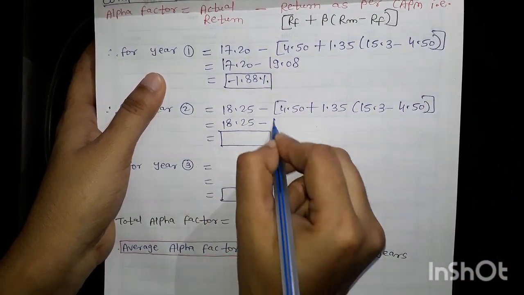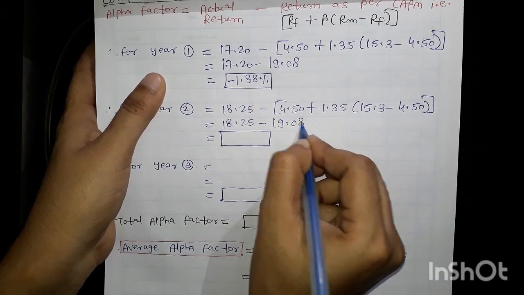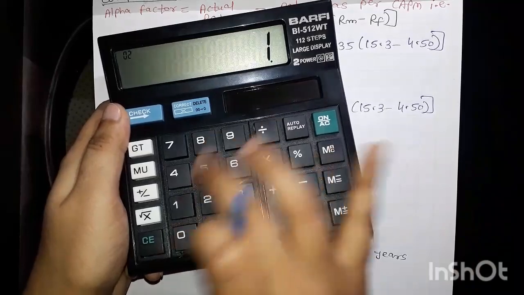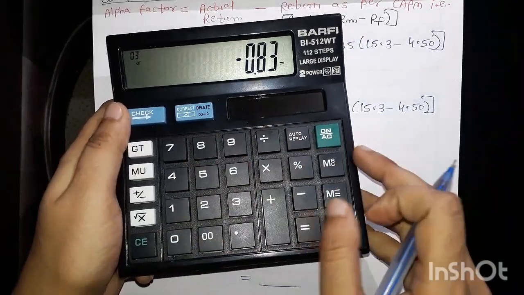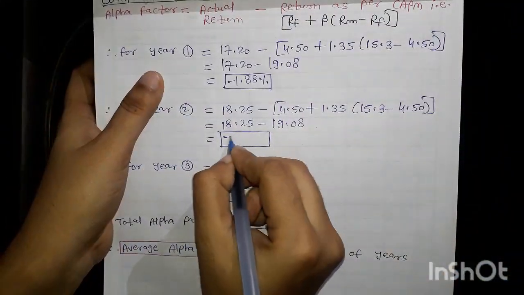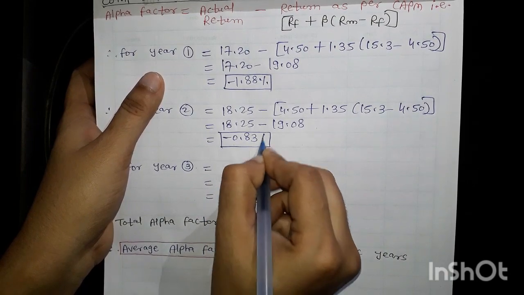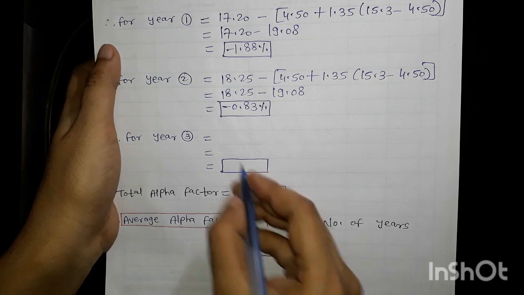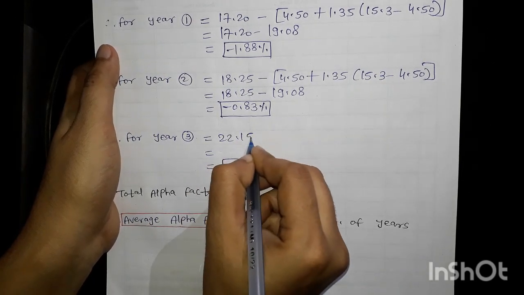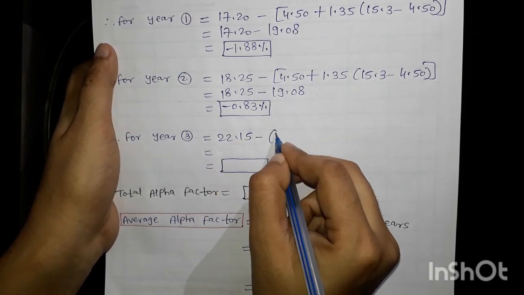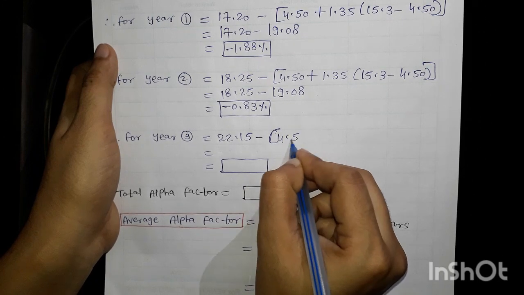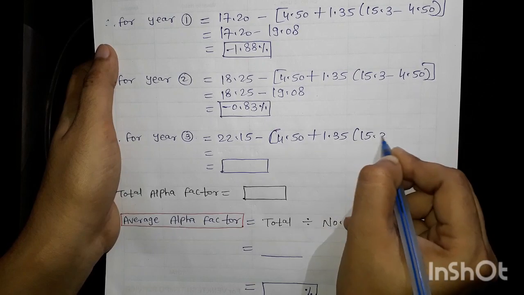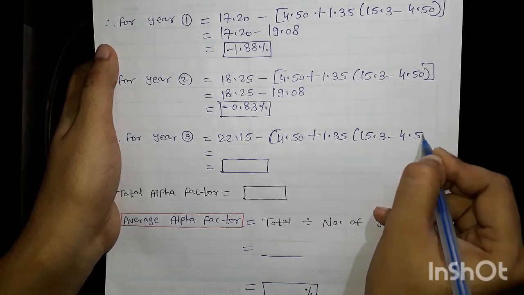So 18.25 minus 19.08, that is minus 0.83%. And now the last one for portfolio Y, that is 22.15 is the actual return. Here RF plus beta, RM minus RF.